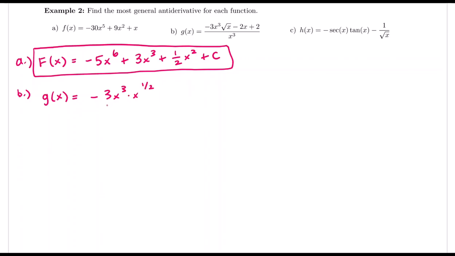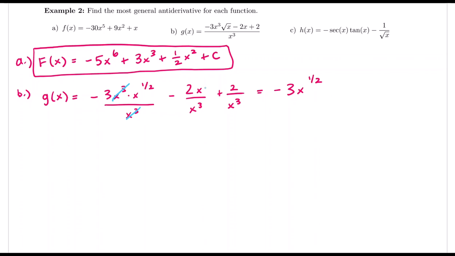So I rewrote the square root. This is being divided by x cubed minus 2x over x cubed plus 2 over x cubed. And let's do a lot of simplification here. I can divide this x cubed, and that will leave us with negative 3x to the 1/2 power.